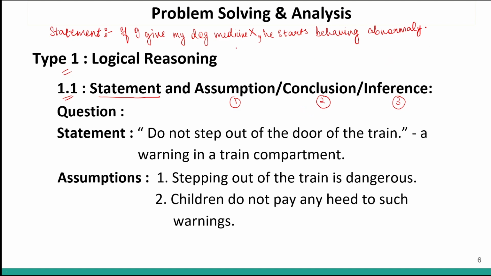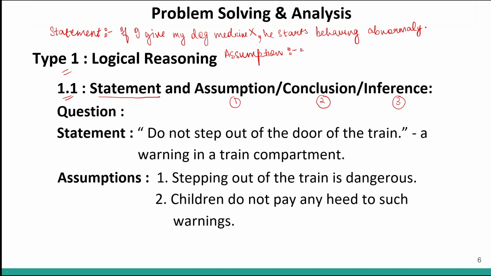Now, if I look at this statement, I have to find what is the assumption, what is a conclusion, and what is a inference. From this statement, I can gather a assumption. What assumption? My assumption is that if I do not give medicine X to my dog, he behaves normally.